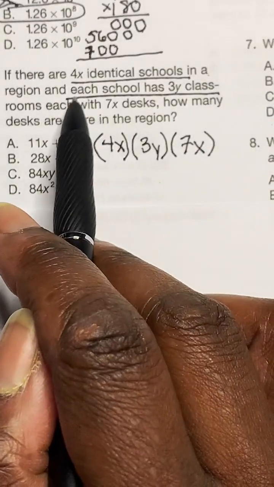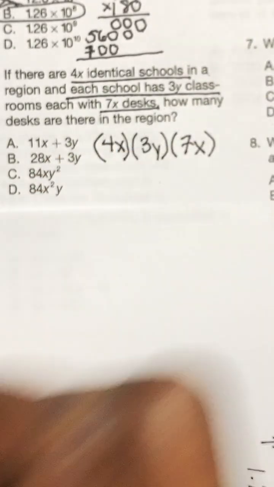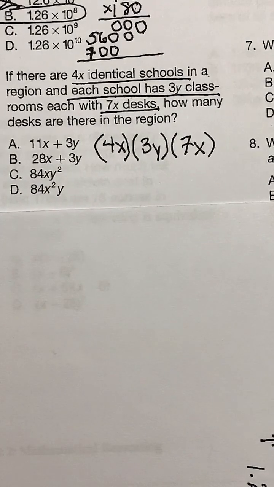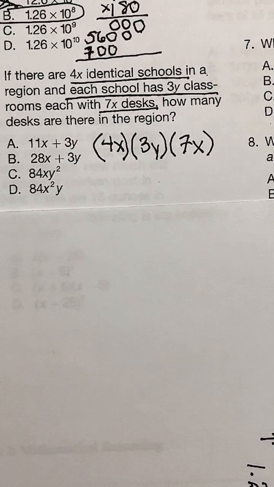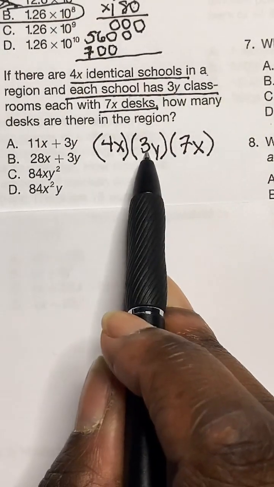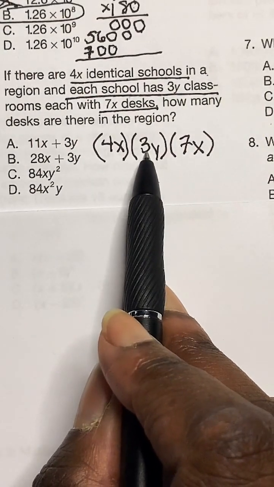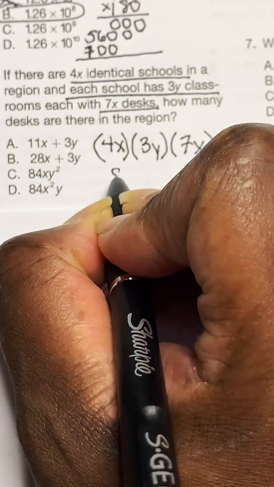Since they're saying each school and then each classroom, each school with this many desks, that's triggering me to say that is going to be multiplication. So now when you multiply, it's going to be 4 times 3. 4 times 3 gives me that 12. And 12 times 7 will give me my 84.